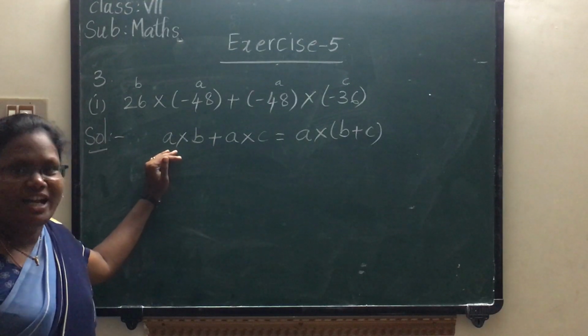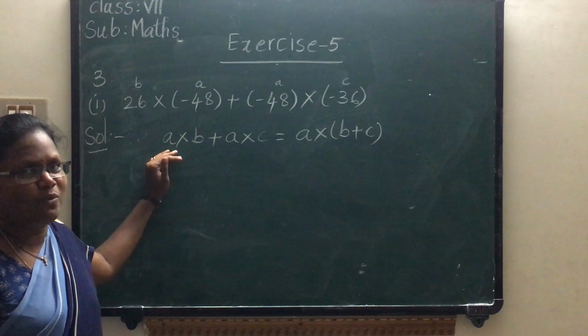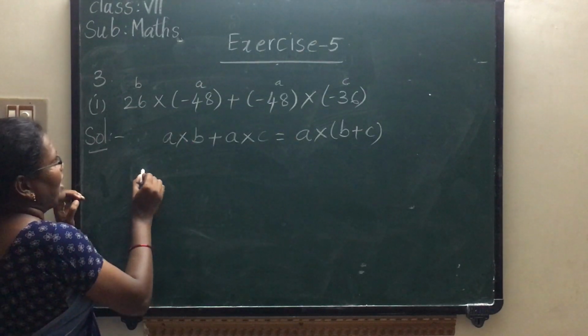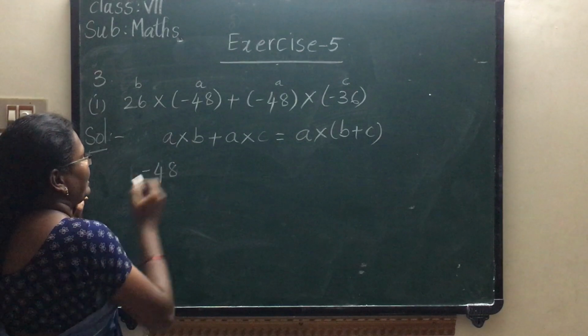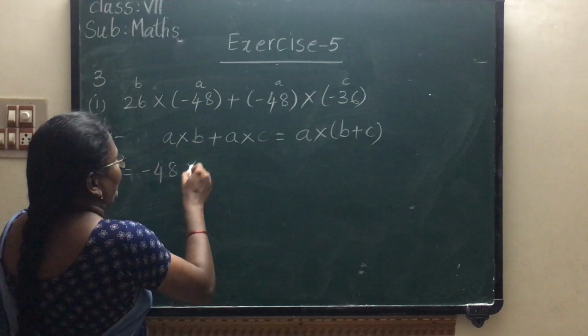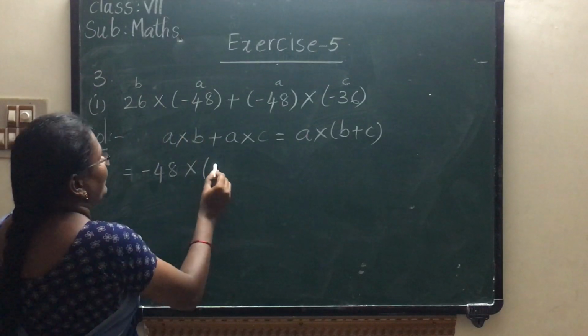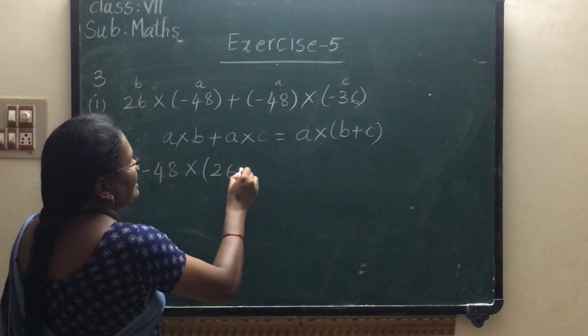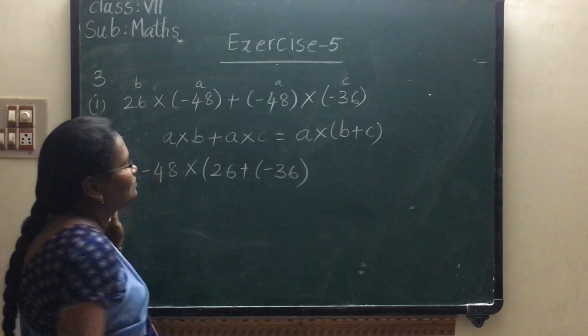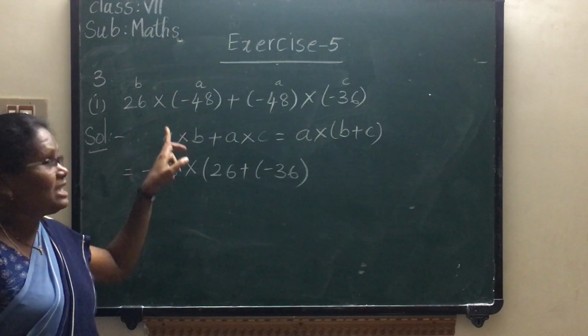Distributive property over addition. What is the A value, children? Minus 48. What is the B value? 26, plus C value minus 36. The sum is given like this.